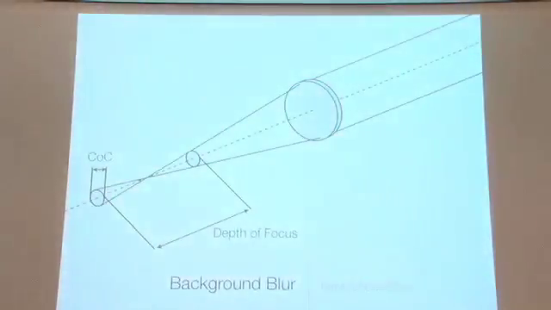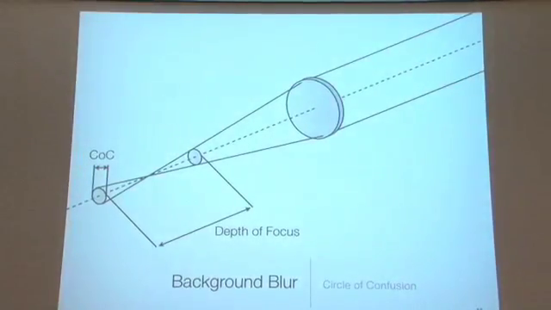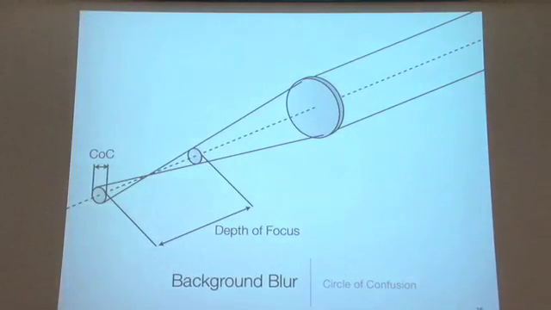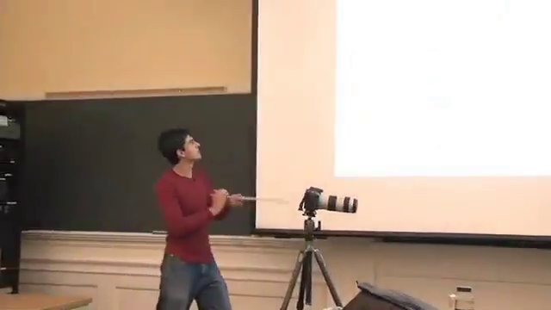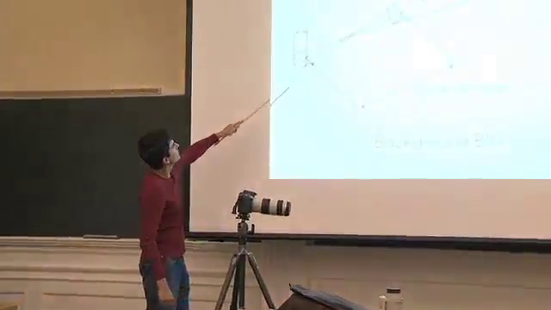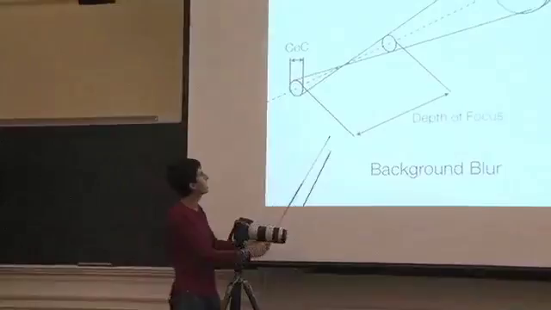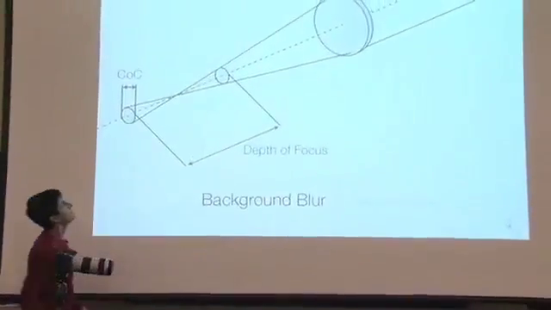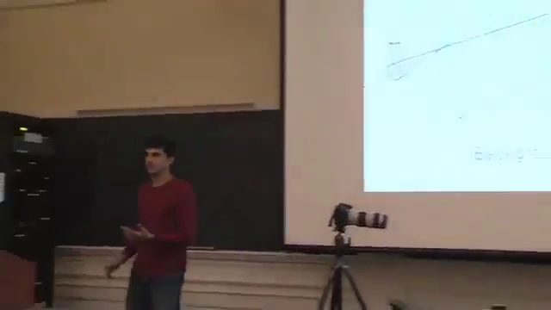So if we have this concept right here, let's say that we have a circular pixel, and we give it a certain size. Now, any amount of light that's focused smaller than that will still appear as a dot. It's not going to be any sharper in the end image if it's any more focused than this. So we have this range of allowed sharpness that can exist within an image.